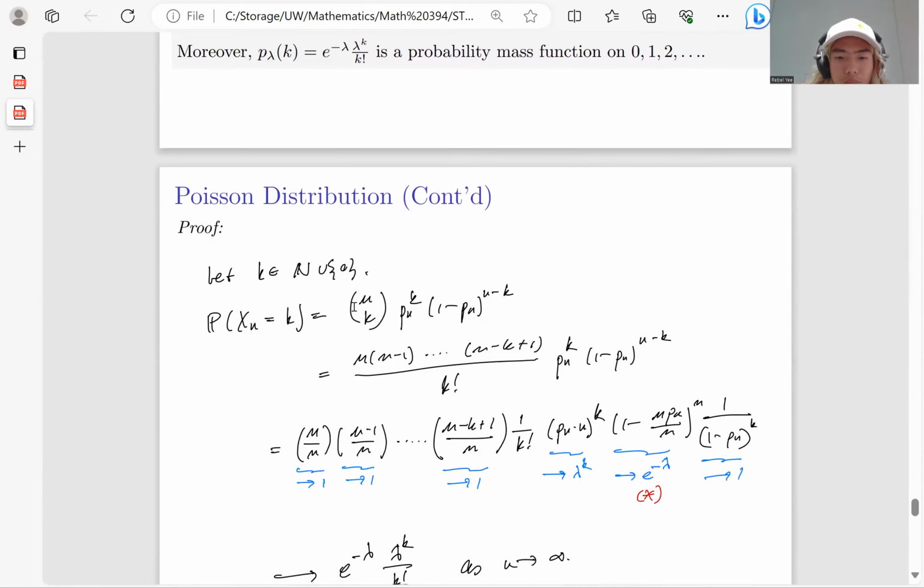So we can expand this term out: the k factorial is still the k factorial, but on the upper side we have the n terms.